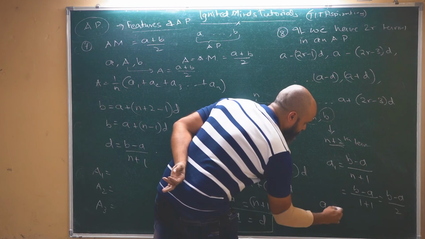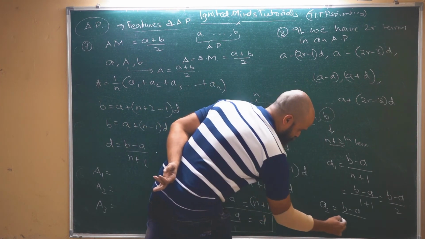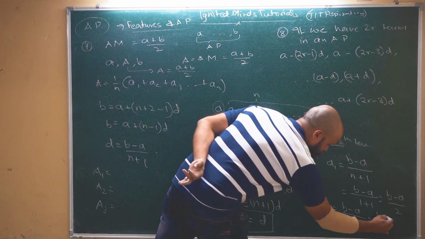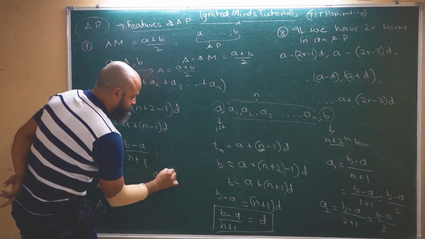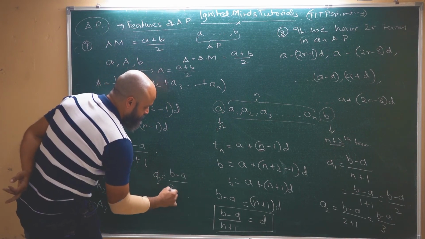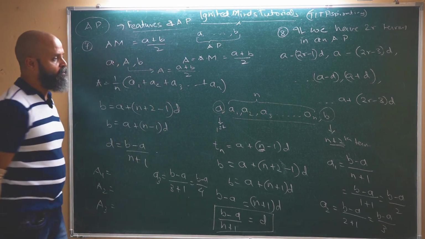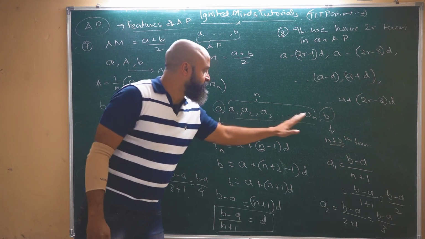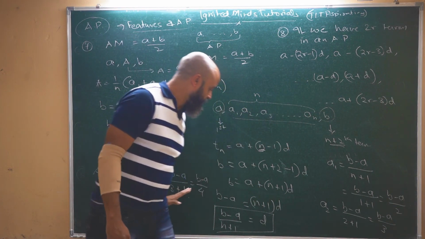Similarly, for A2, n is 2, so 2 plus 1, this will be B minus A by 3. In case we have A3, we will have B minus A by 3 plus 1, that's B minus A by 4, and so on. So in this case, we can calculate the n terms between the two terms A and B.